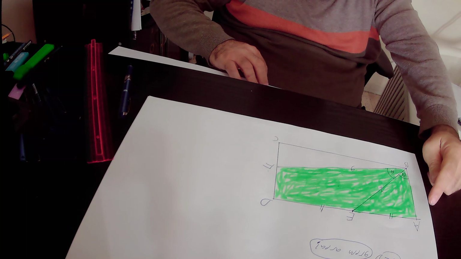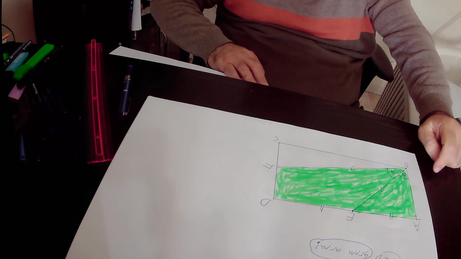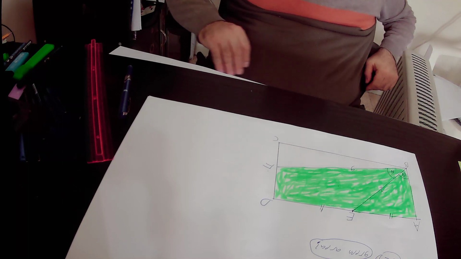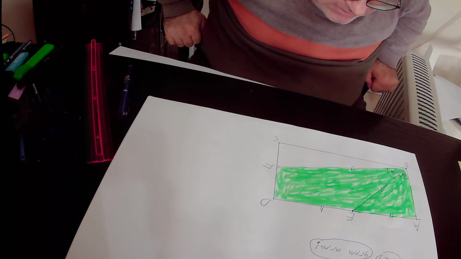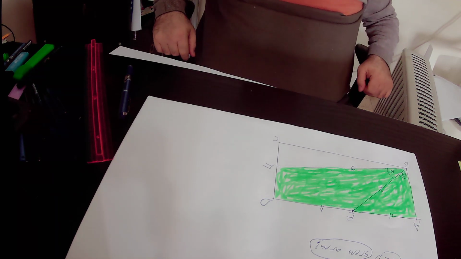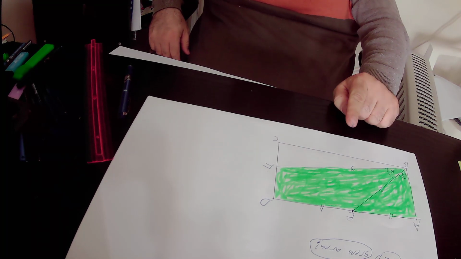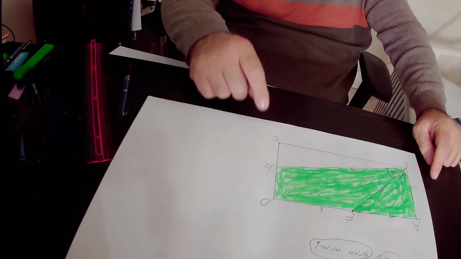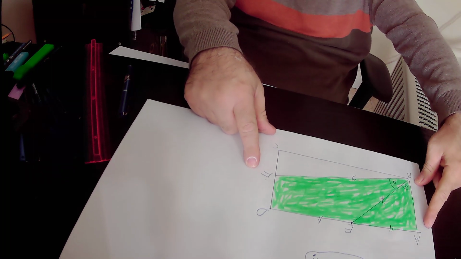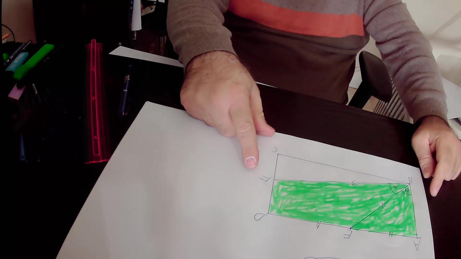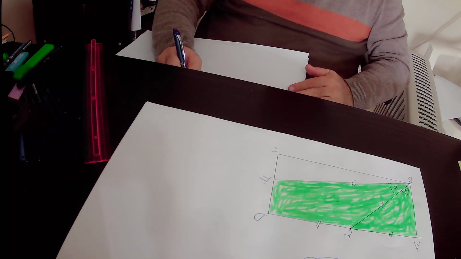Here we know that AB is parallel to CD, according to the rule that the opposite sides of a rectangle are parallel to each other. So if AB is parallel to CD in rectangle ABCD, then AB will also be parallel to FC.